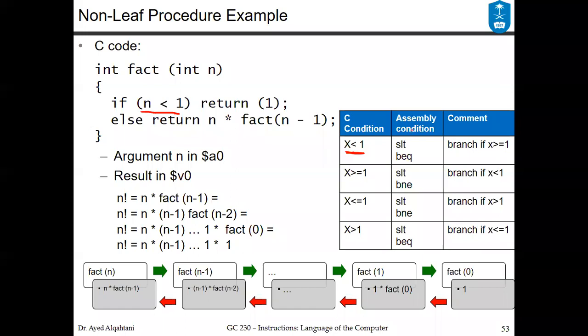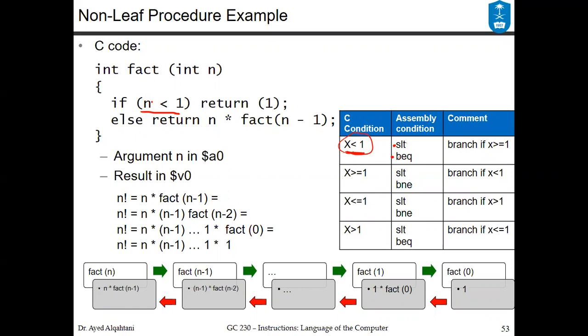So in the assembly, we have to have those two instructions, set less than, followed by branch equal. Because you will branch if the opposite condition is correct, which is when x is larger than or equal to 1. And this is true here.